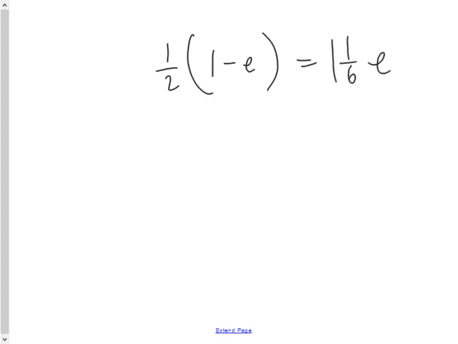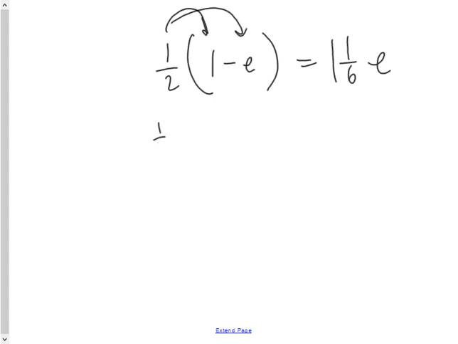Question D says, oh, hello. 1.5, or a half, as a distributive property, minus E equals 1 1/6 E. Okay. So it looks confusing, but it's not so bad. Again, we're going to simplify this using distributive property.